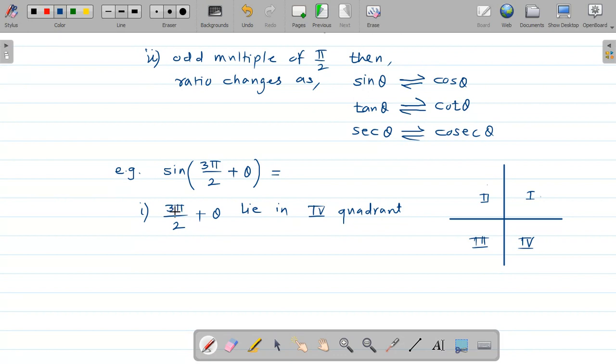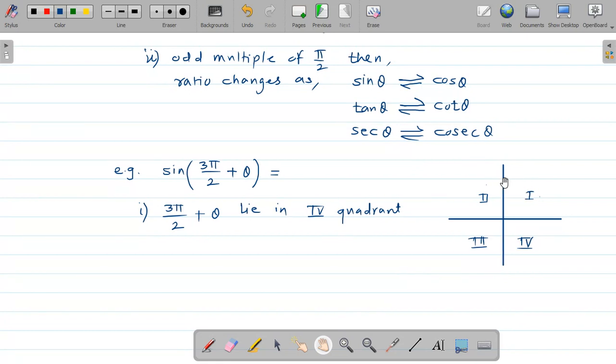See how to decide: if it is 3 times pi by 2, you measure like this, 1 2 3, 3 times is completed here, plus theta, so it will lie in the fourth quadrant.